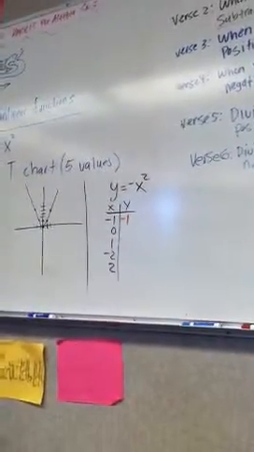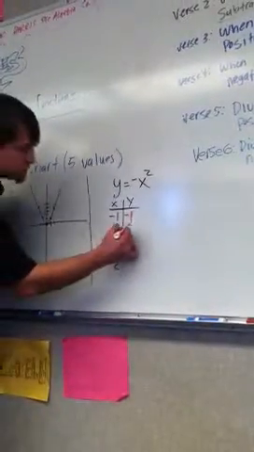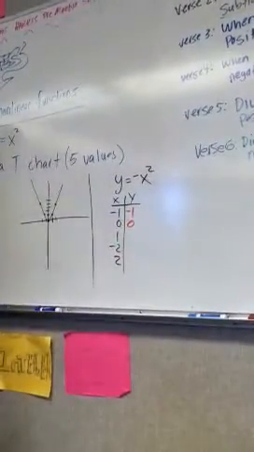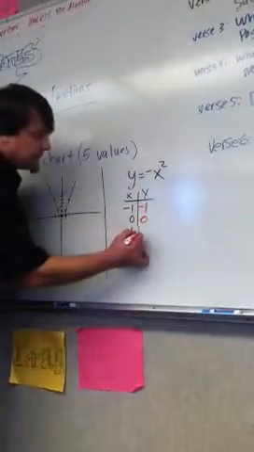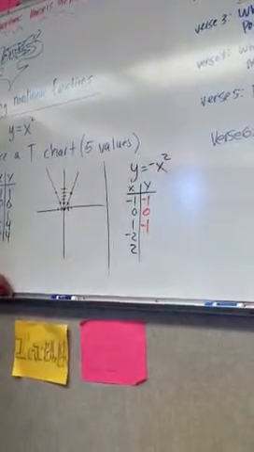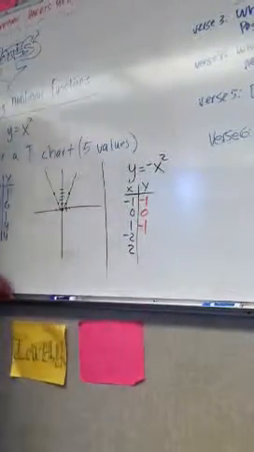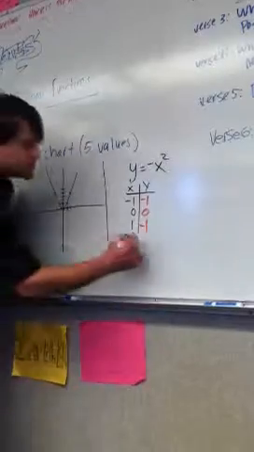Except 0, which is going to be 0. What's 1 squared? 1, but we're calling it negative 1. How about 2 squared? 4, but we're going to call it -4. And so what is negative 2 squared? -4.